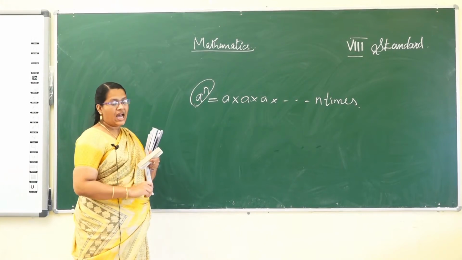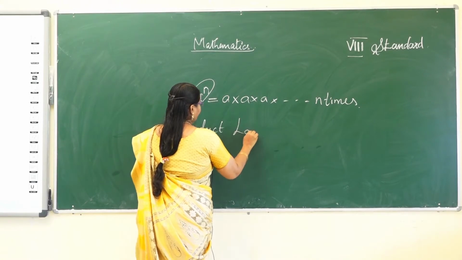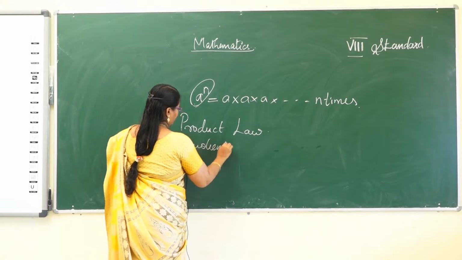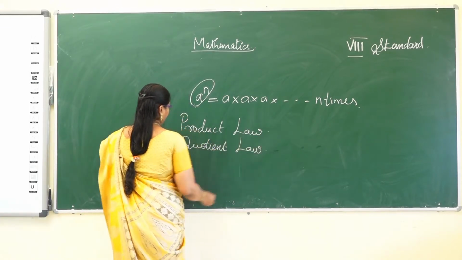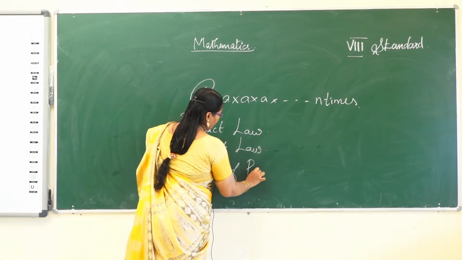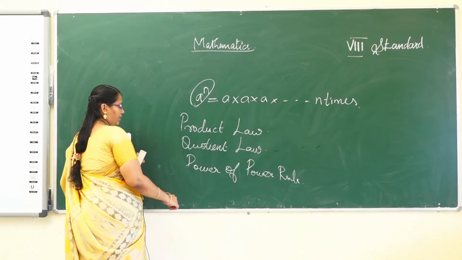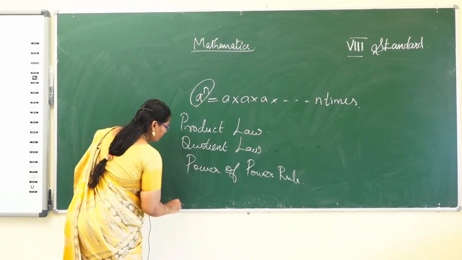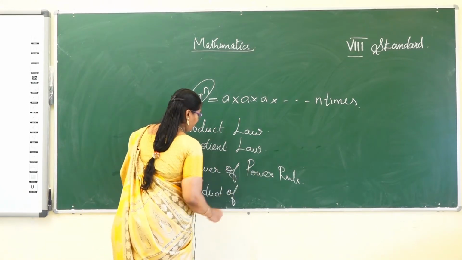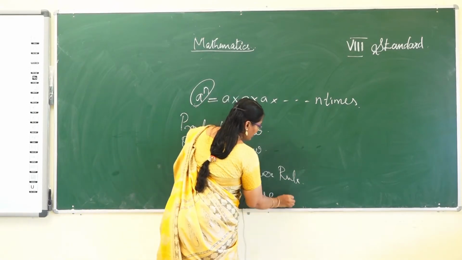We have learned some laws also. First law is product law, second one quotient law, and then power rule or law, and then product of base with same power.